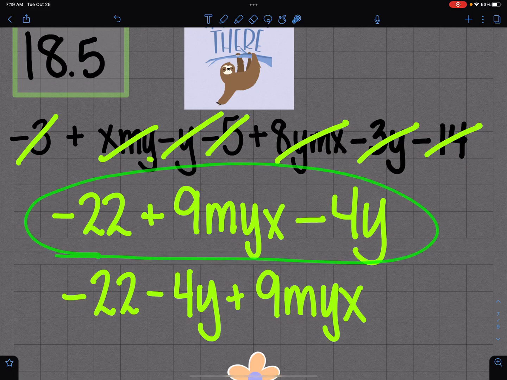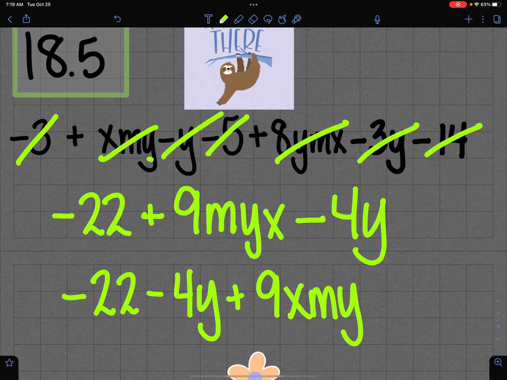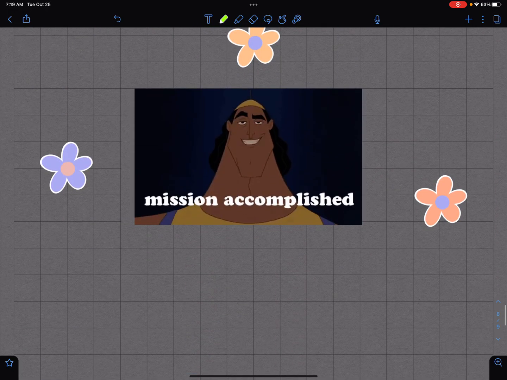That's the commutative property of addition, and it doesn't matter. So these are equivalent, and as long as you get something equivalent to what's in the book, that's totally fine. The other thing you could do differently is if you wrote xmy, guess what? Also the same answer, and also equivalent, and also correct. So there's so many ways that you can get the right answer.